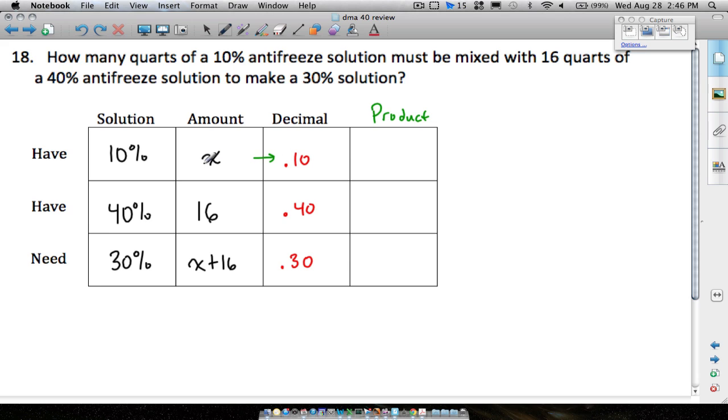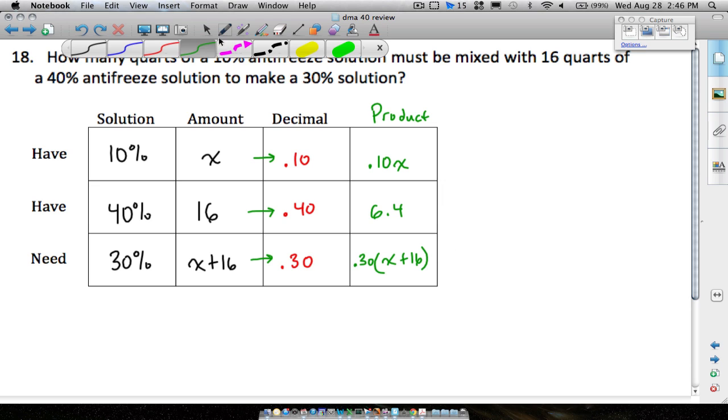X times 0.10 is 0.10x. 16 times 0.40, that's going to be 6.4. And then this one right here, when we multiply, we have to do the distributive property. So it's going to be 0.30 times these two terms. So notice I put those in parentheses.